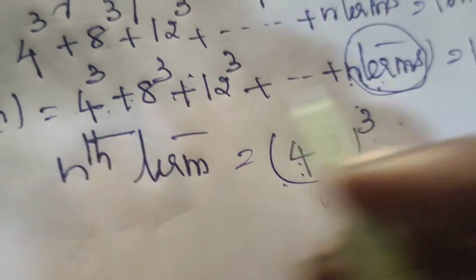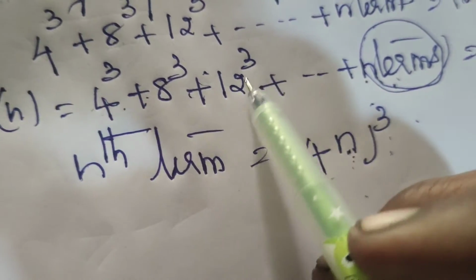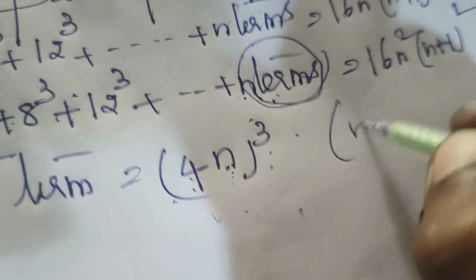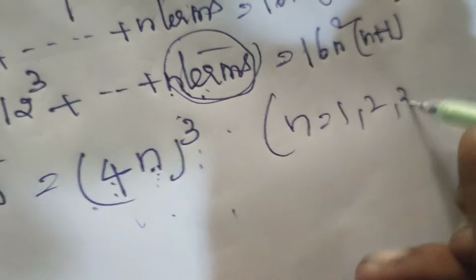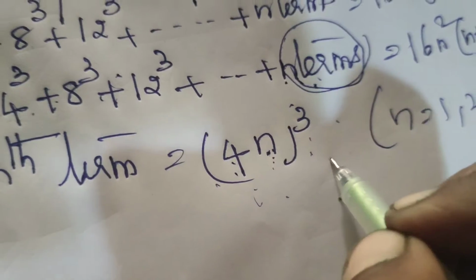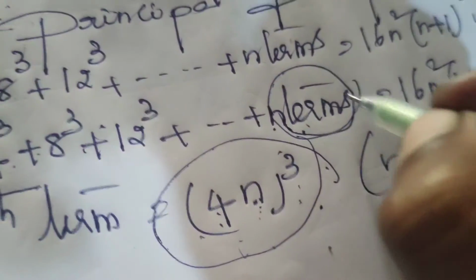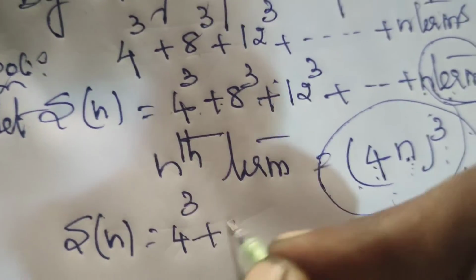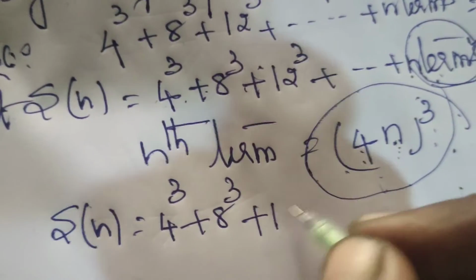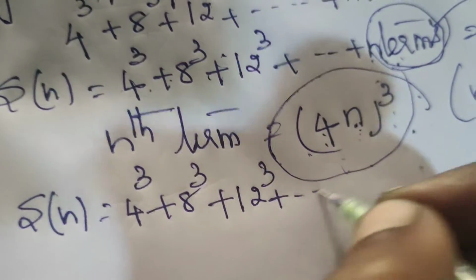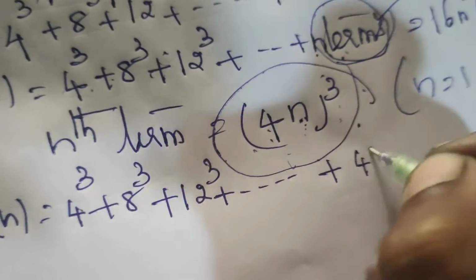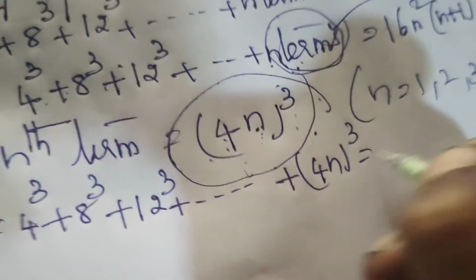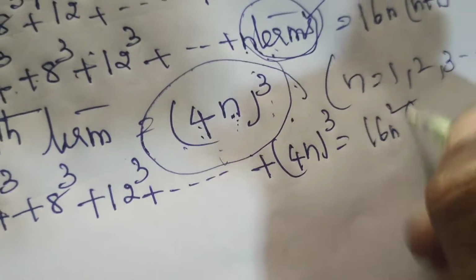So we'll get the series of terms for n equals 1, 2, 3 and so on in this expression. So this is the nth term of the given statement. Therefore, write S of n equals 4 cube plus 8 cube plus 12 cube plus so on plus 4n whole cube equals 16n square into n plus 1 whole square.